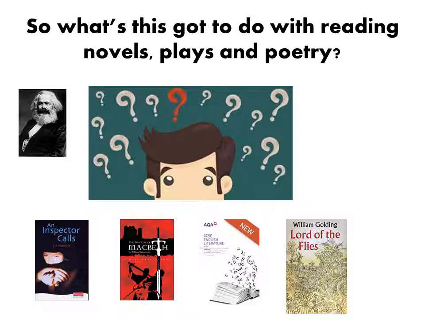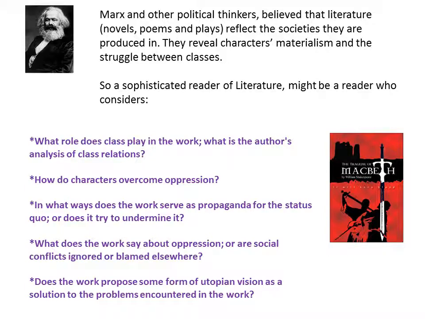But what's this got to do with reading novels, plays and poetry? Well, Marx and other political thinkers believe that literature, novels, poems and plays, reflect the societies they are produced in. They reveal characters' materialism, which basically means whether they buy into that system of making money and owning things, and that giving them prestige and power.